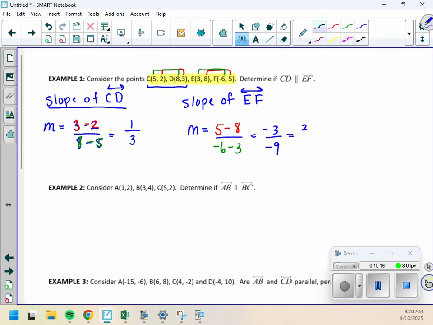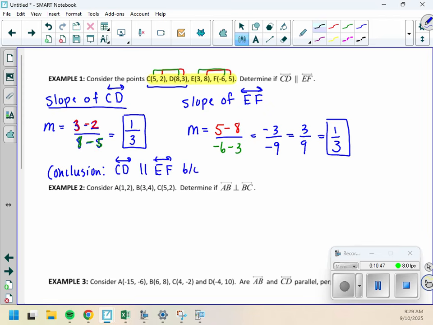So therefore, these lines are parallel. So we will write our conclusion: CD is parallel to EF because the slopes are equal. Okay, you've got to calculate both slopes and then compare, are they equal to each other?